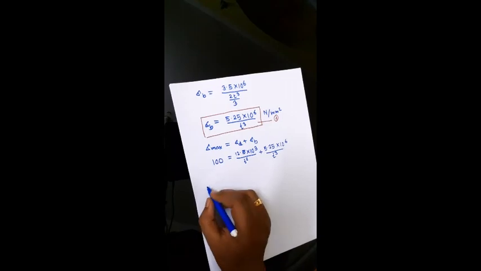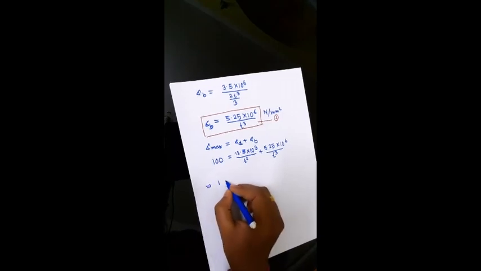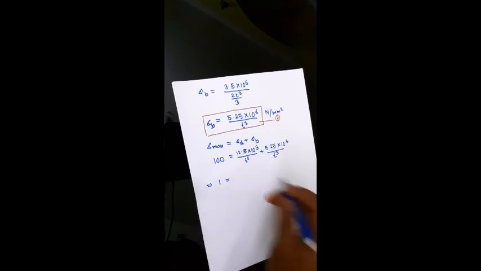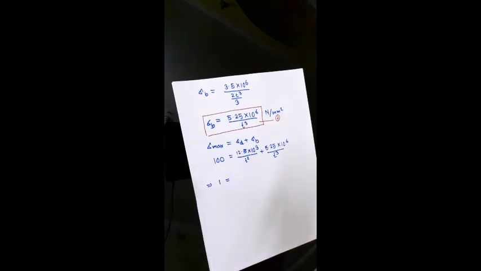So from here we can simplify the problem by dividing both sides by 100.